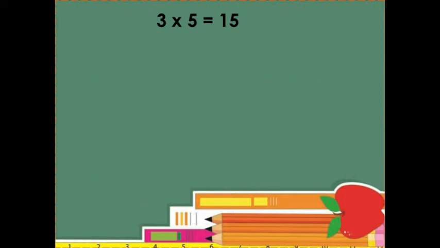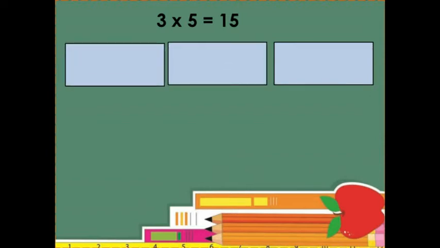The first number, our multiplicand, is 3. So we can do an illustration using some boxes. We will draw 3 boxes. And then our multiplier is number 5. So all you have to do is draw 5 objects in each box. In here, we will draw stars. So we have 1, 2, 3, 4, 5.